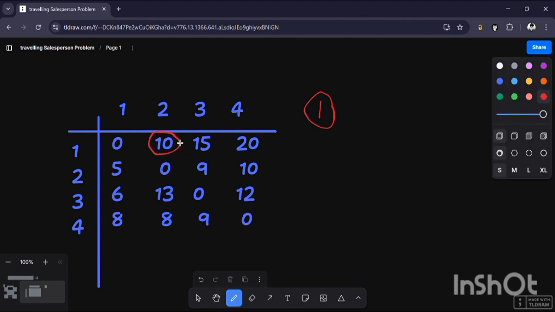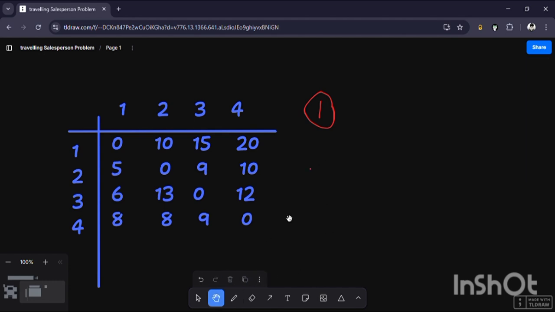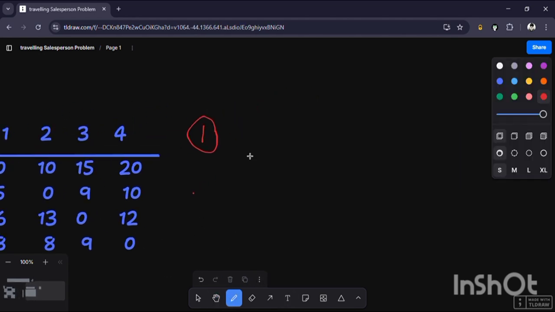To reach city 2, he has to pay 10 rupees. To reach the third city, he has to pay 15 rupees, and to reach city 4, he has to pay 20 rupees. Because city 2 costs him less, he goes to area number 2.